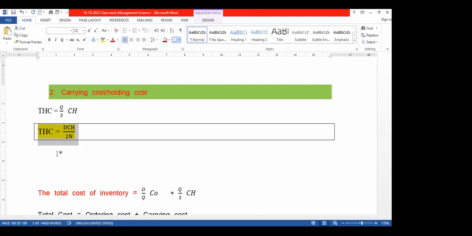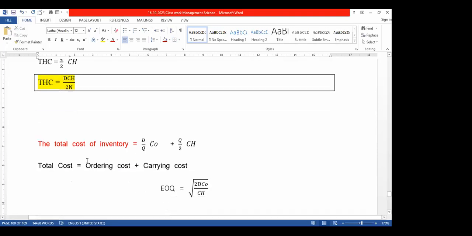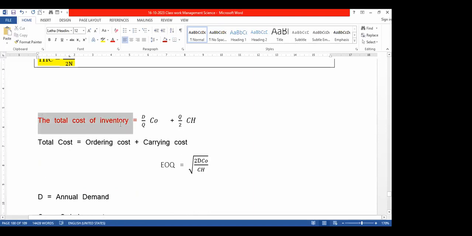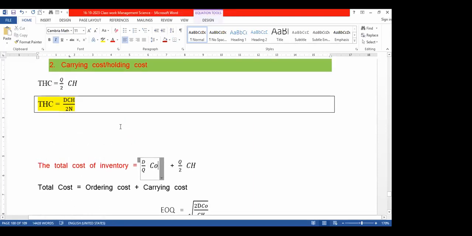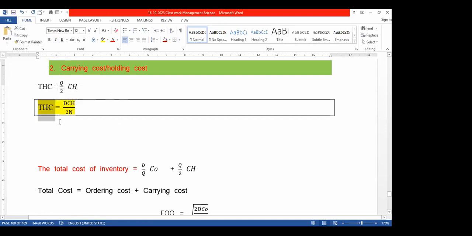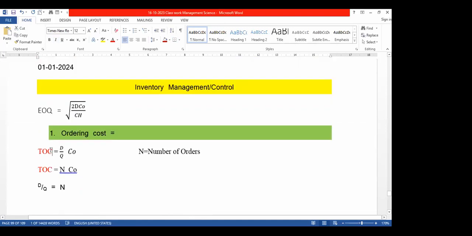So carrying cost and holding cost, right? Different names people may use, so you have to be careful about it. Here we have to use it, but the notation skills I am teaching are useful because marking schemes and everything are based on that. So as far as inventory cost is concerned, what you have learned so far is that the total cost of inventory is equal to total holding cost plus total ordering cost.